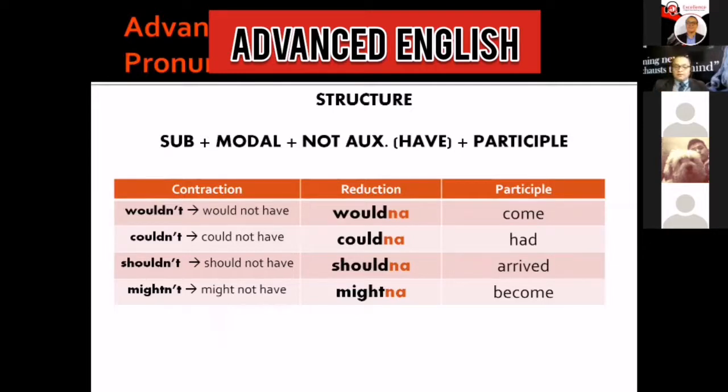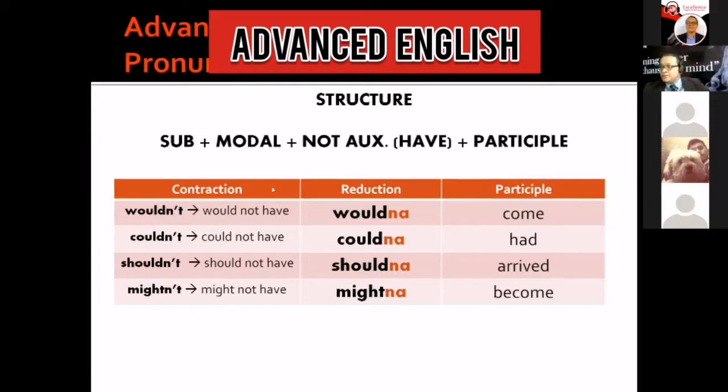Here we have the contracted form. Would not have is reduced to wouldn't have. Could not have is reduced to couldn't have. Should not have is reduced to shouldn't have. And might not have is reduced to mightn't have in the contraction.